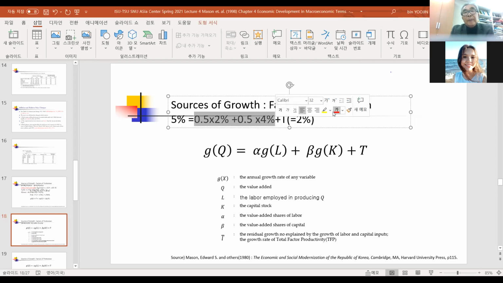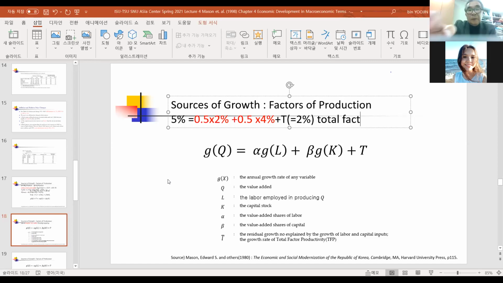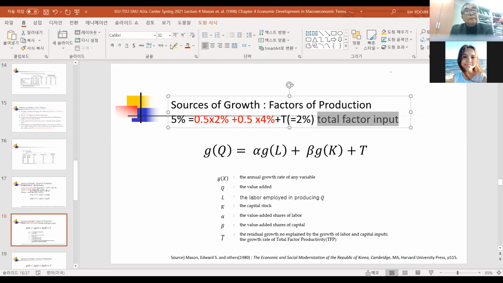So we call this part by a special name, total factor input. It is this part, the red one. Okay. What is the rest of the thing?